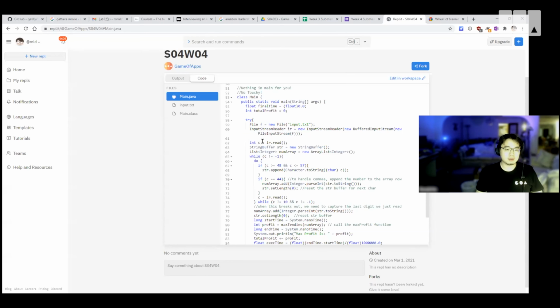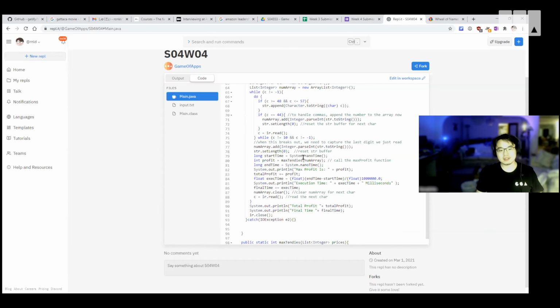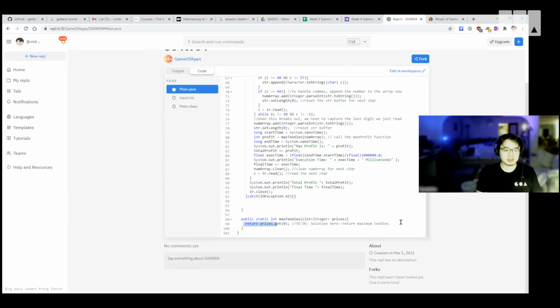We have the main class here for you. Nothing in here, it's a bunch of code, all to do with parsing. So all your code just needs to go into the max profit function.